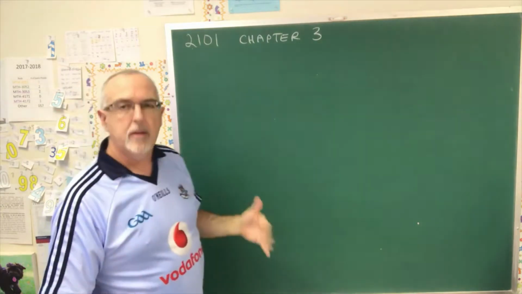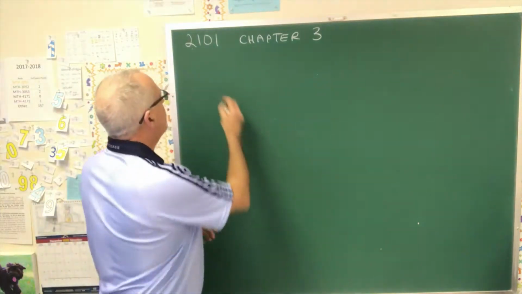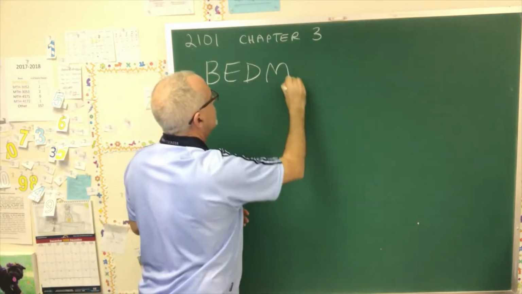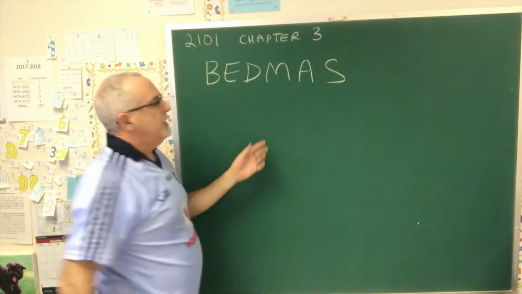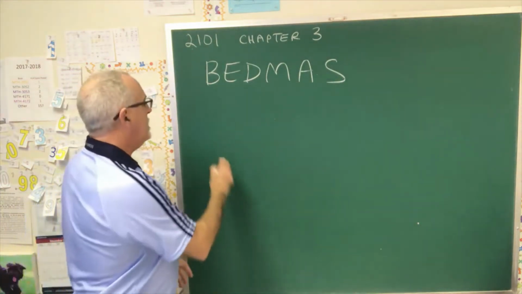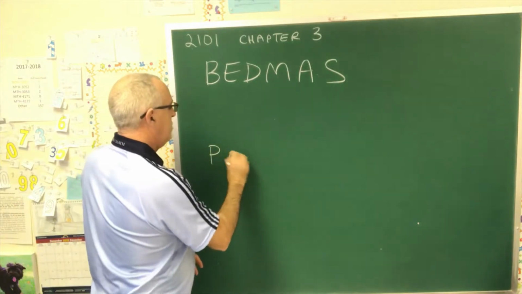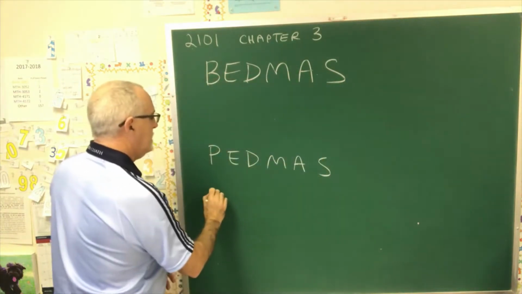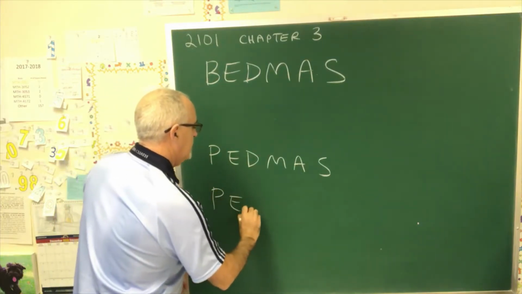Let's start with BEDMAS. BEDMAS is big in math. Now the first thing to say about BEDMAS is it's not always called that. Sometimes it's called PEDMAS. Sometimes it's called PEMDAS.